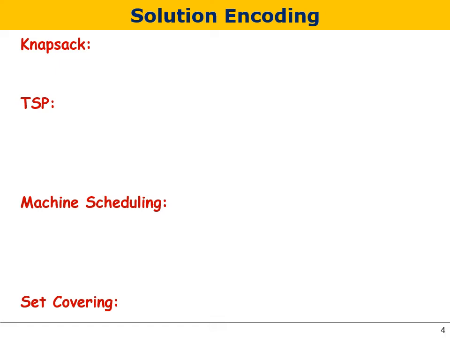Computers know about numerical characters, so you can either give a numerical value, or a vector of values, or an array of values. It should be suitable for the data structure of the computers. The encoding of the solution should be suitable for the computer.